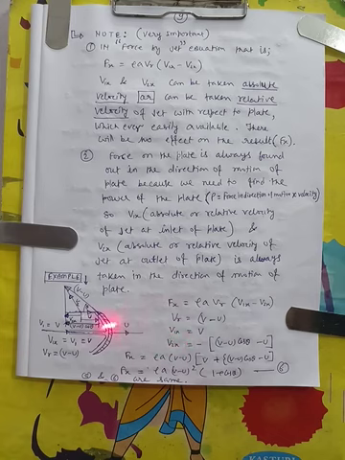So here you see that absolute velocity of the jet V1x is V, that we have taken V minus u relative velocity in last page, and here V2x is equal to V minus u.